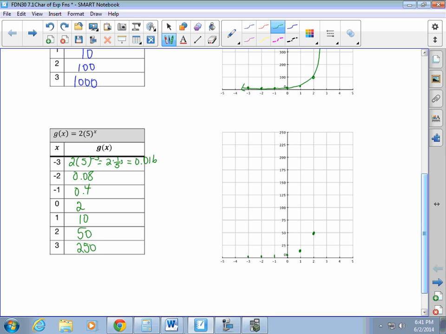And then 3 was at 250. So again, you can see the higher the positive power, the quicker this graph grows, or the higher it goes. So again, it's starting in quadrant 2 and ending in quadrant 1.